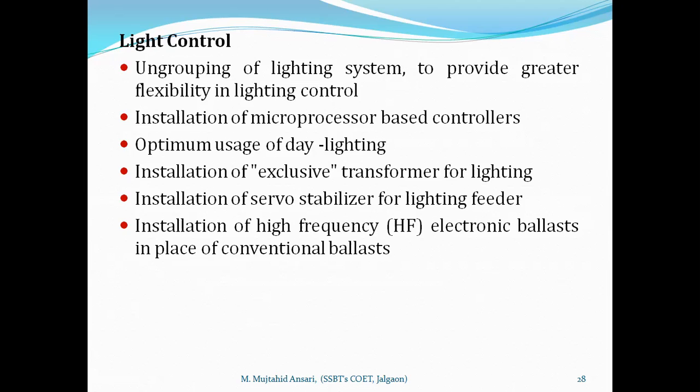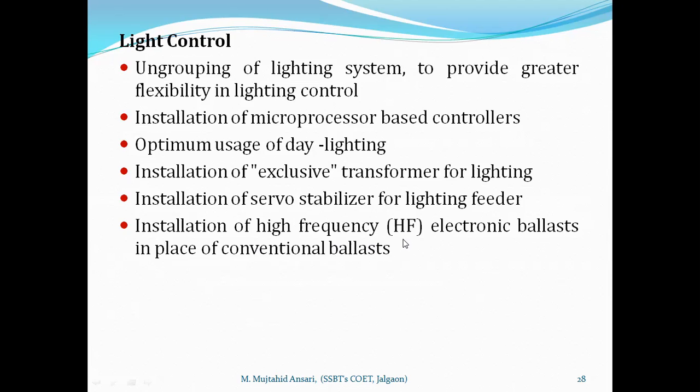We have already discussed this previously. In big industries or power plants, a separate transformer is also used for the lighting section. If you are using separate feeders or a separate transformer, it should have voltage taps so that we can change the voltage level, and simultaneously measure the power to find the optimal power consumption. We can set the voltage level of the servo stabilizer or the transformer.